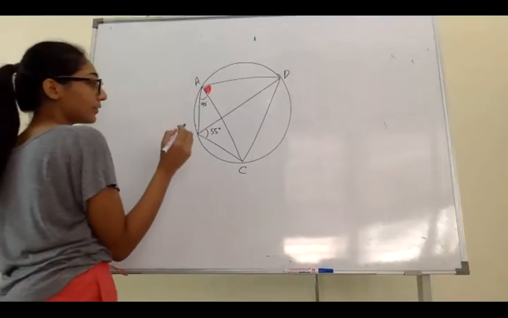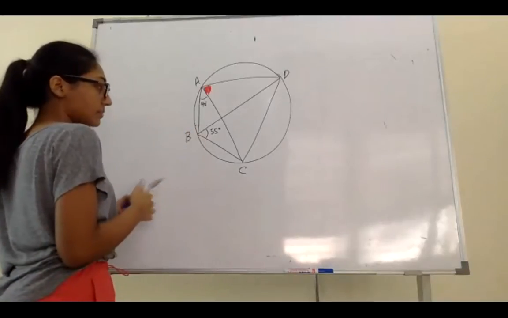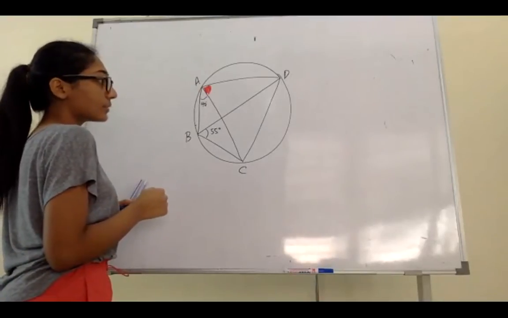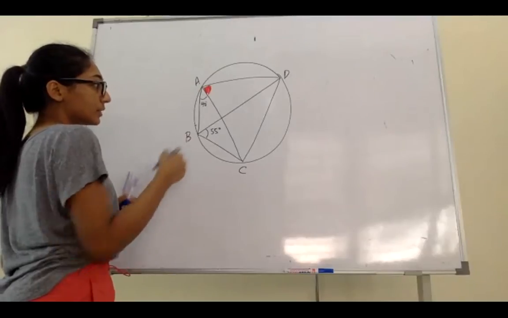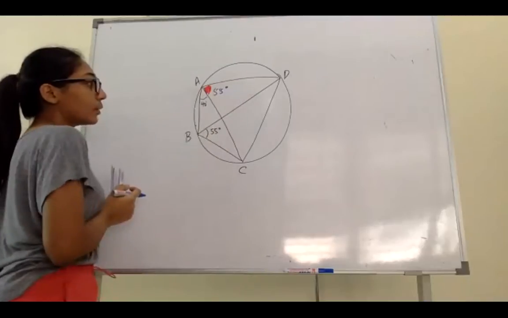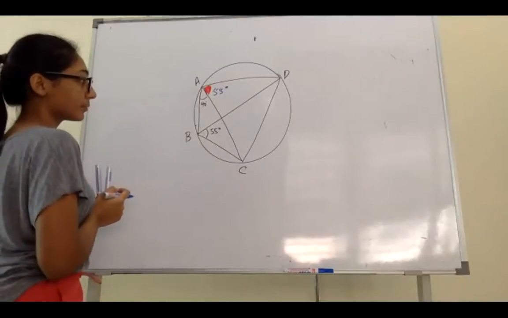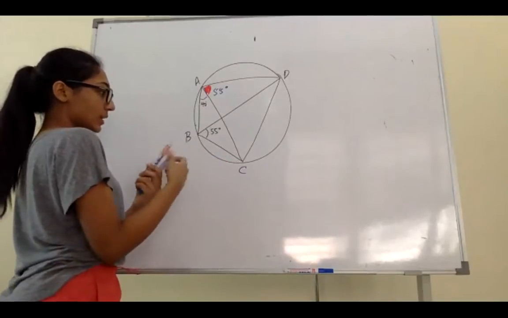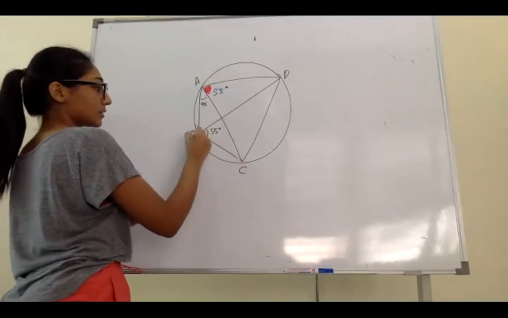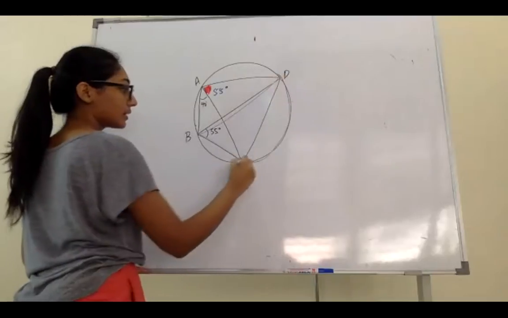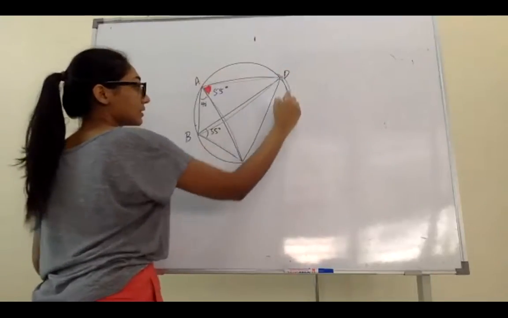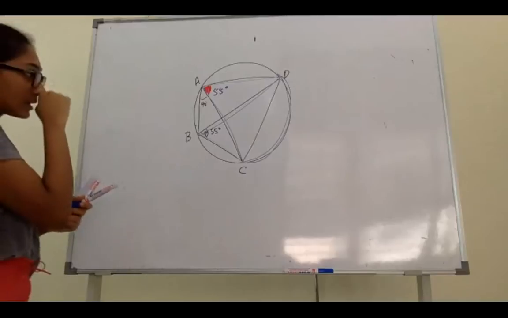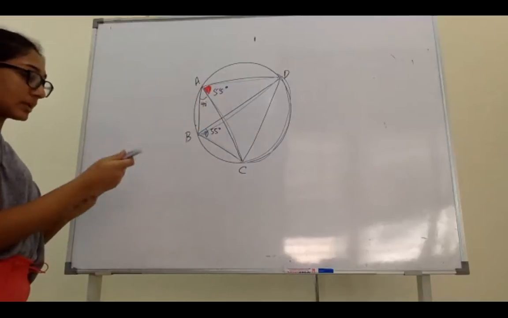These two share the same arc. If this is 55, this is also 55. So DAC is 55.